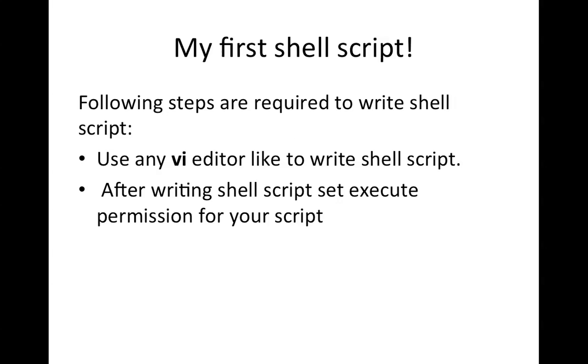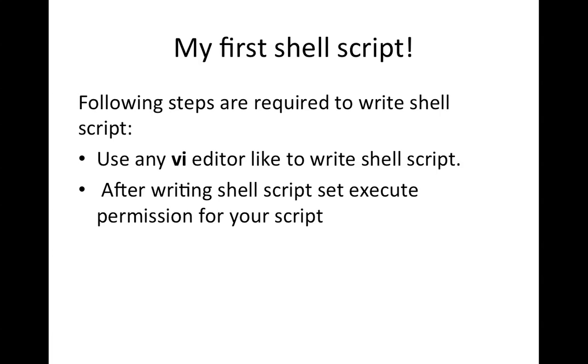Okay, so let's write the very first script, and this is how we will do it. We will just create a file using vi, and we will call the file something.sh, because this is the convention.